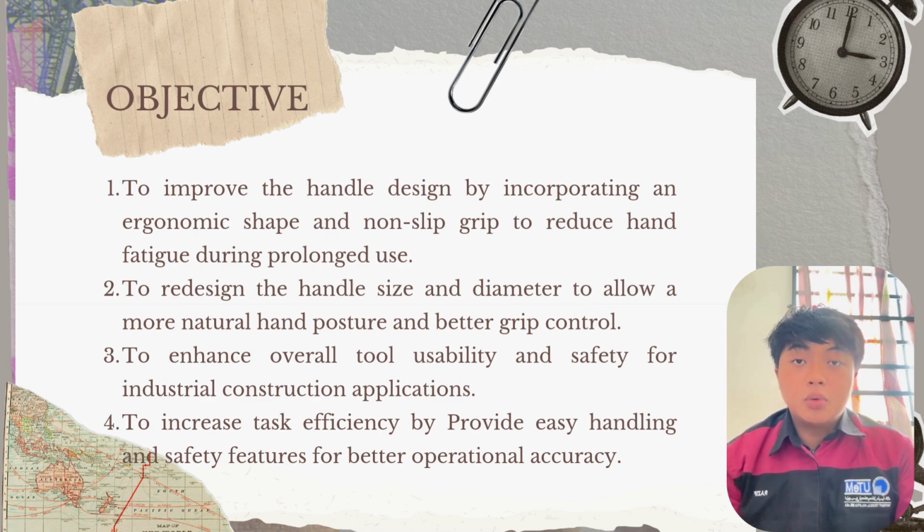Third, to enhance overall tool usability and safety for industrial construction applications. The last one is to increase task efficiency by providing easy handling and safety features for better operational accuracy.